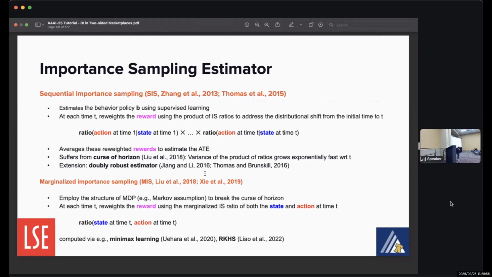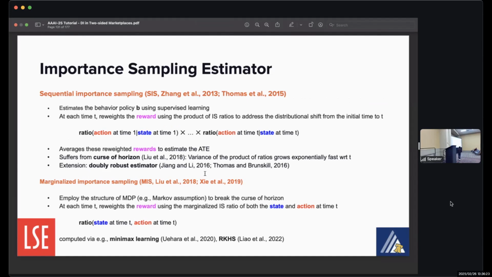And the second estimator is again the importance sampling estimator. But here, in the reinforcement learning setting, in the sequential setting, there are two types of importance sampling estimators. The first one corresponds to the sequential importance sampling estimator. It is very similar to the IS estimator in the contextual bandit setting. It also requires estimating the behavior policy using a classification or supervised learning algorithm.